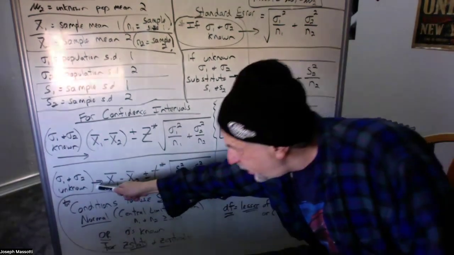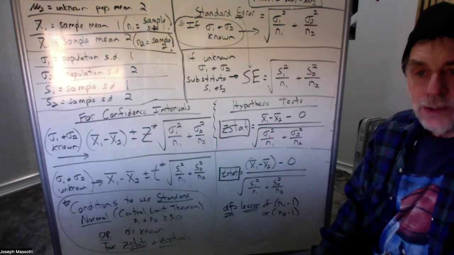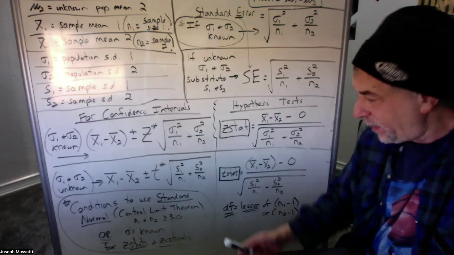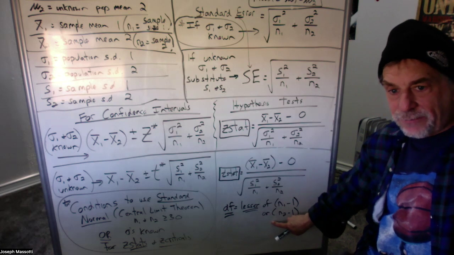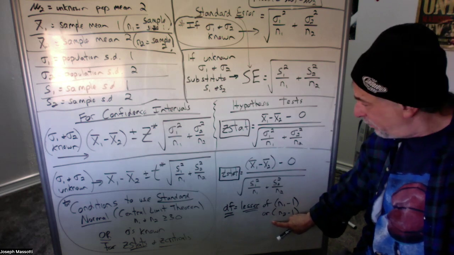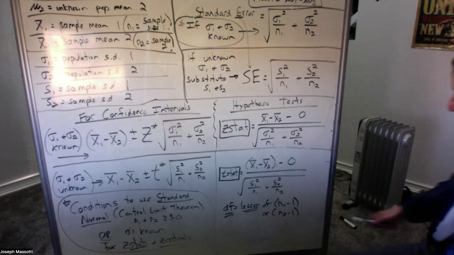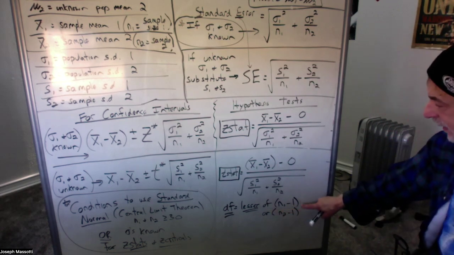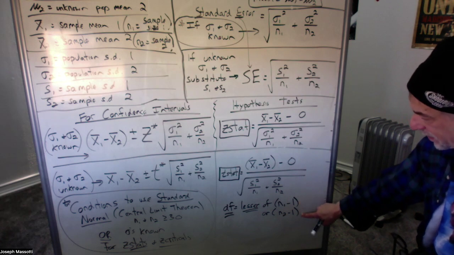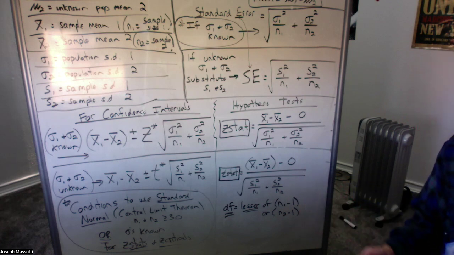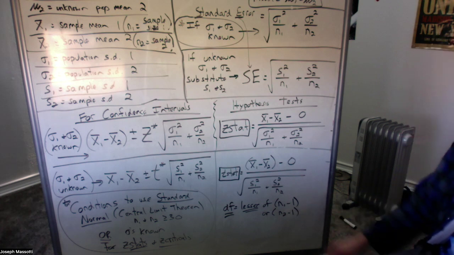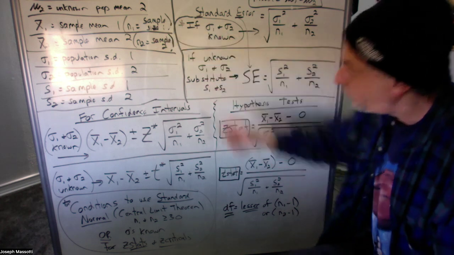If those population standard deviations are unknown, then we're not using the standard normal distribution, we're using the t-distribution. And remember, the t-distribution is different for each sample size. So when you're talking about degrees of freedom in this case, you're going to take the lesser of the two values, n1 minus 1 or n2 minus 1, those being the sample sizes.